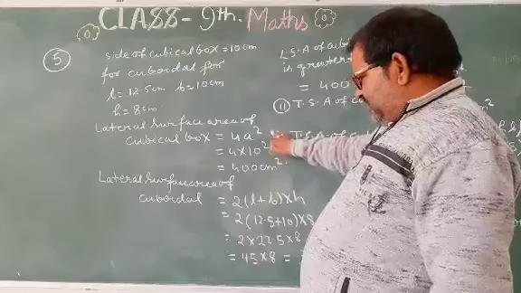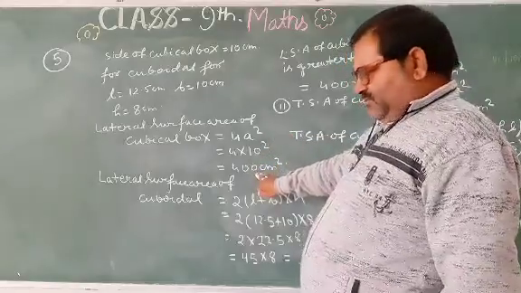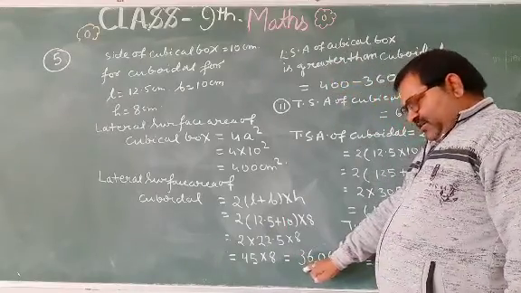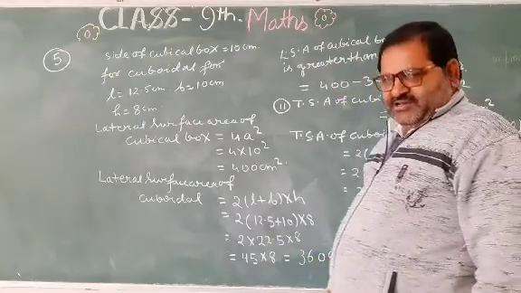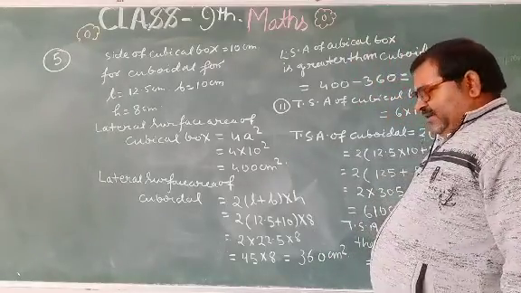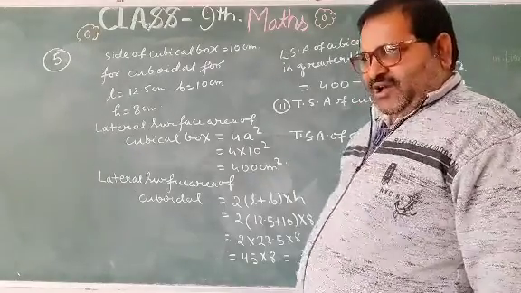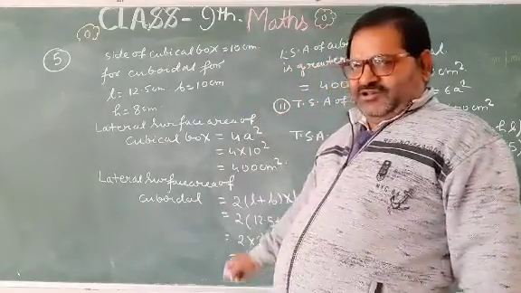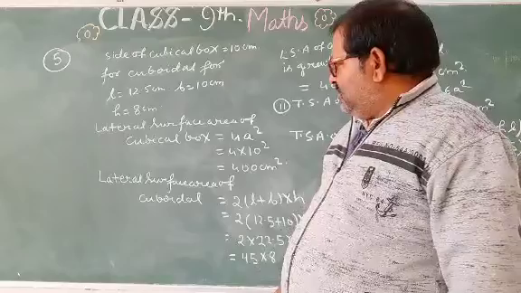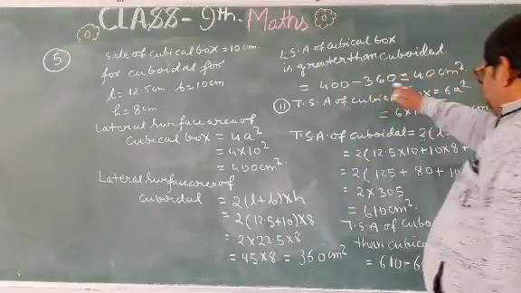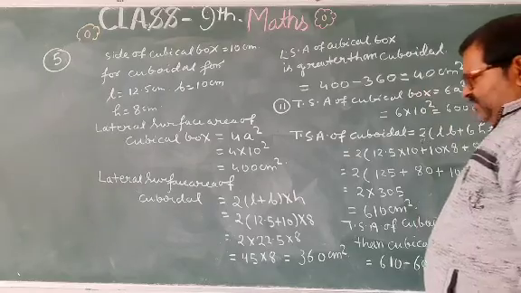The cubical box has 400 centimeter square and the cuboidal box has 360 centimeter square. So the lateral surface area of the cubical box is greater than the cuboidal box, and how much? 400 minus 360, 40 centimeter square.